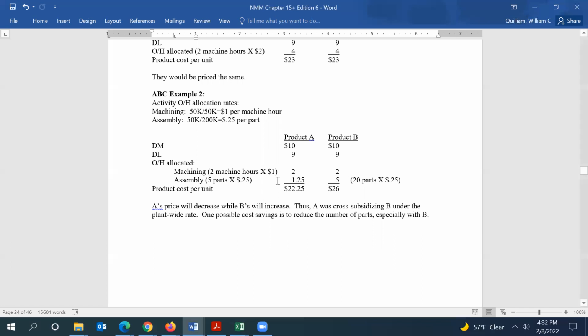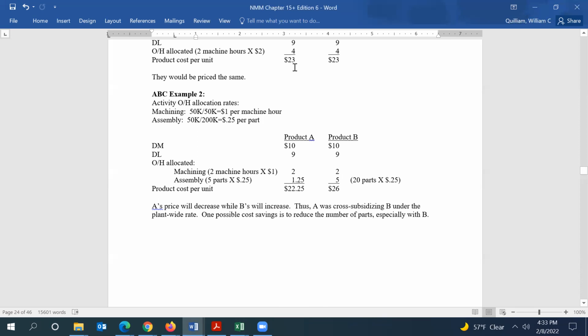But now the difference comes in assembly. Only 5 parts in A times 25 cents, $1.25. 20 parts in B times 25 cents each gives us $5. So now the product cost of A is $22.25. The product cost of B is $26.